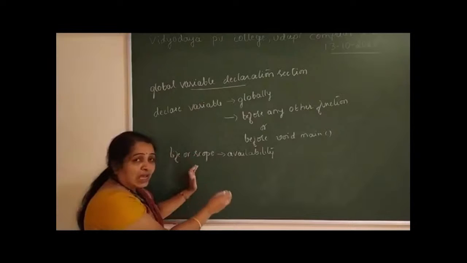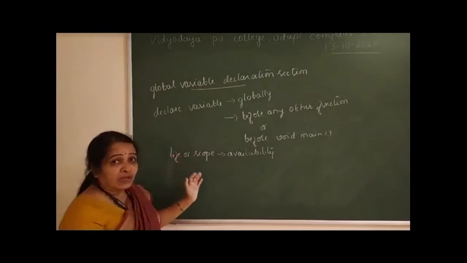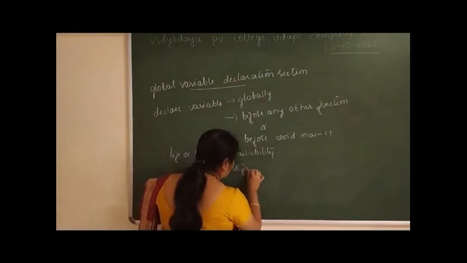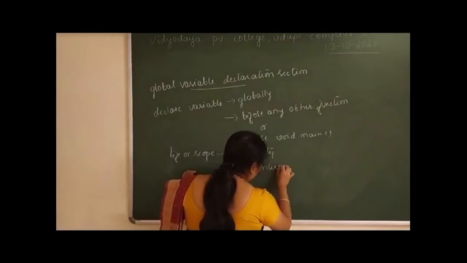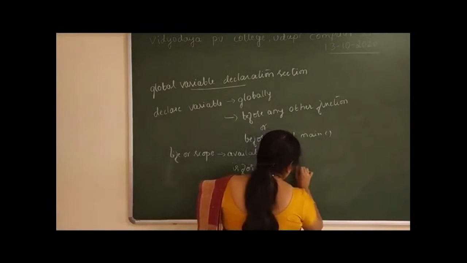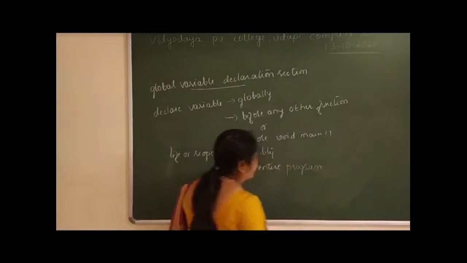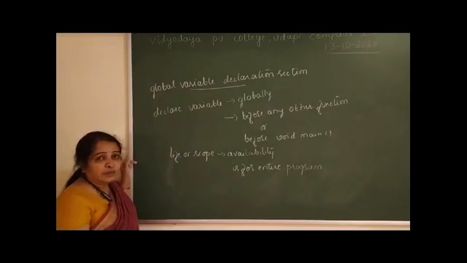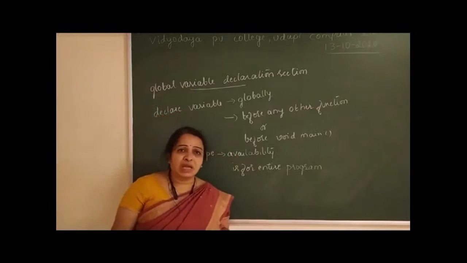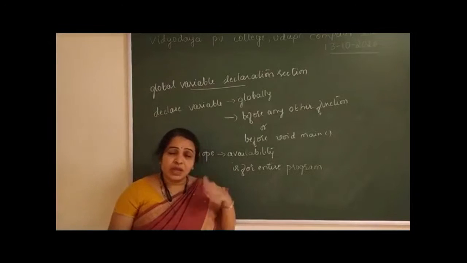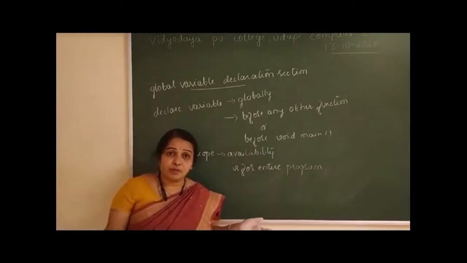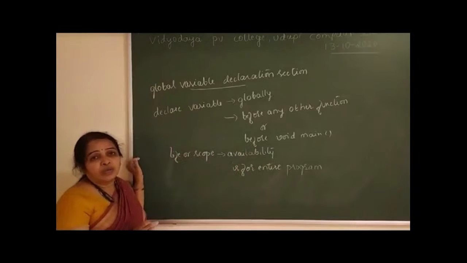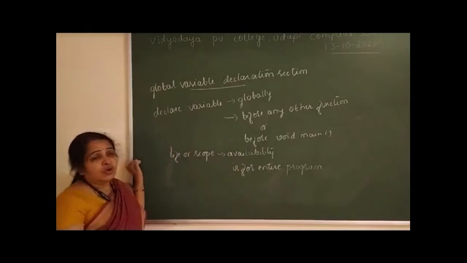The life or scope or availability of the global variables is for the entire program, throughout the program, whatever may be the size of the program that you have written. It may be 1 page, 2 pages, or 100 pages. So for the entire program, the global variables are available. This is also an optional one.